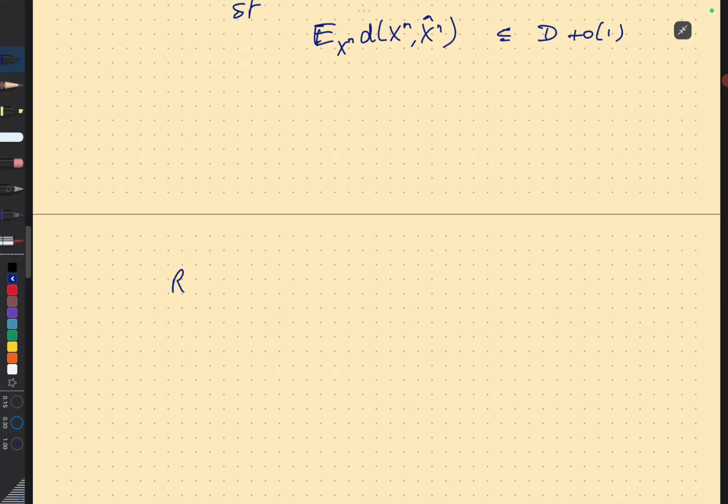The best rate of compression is equal to this quantity that I call R star of D, which is called the rate distortion function.